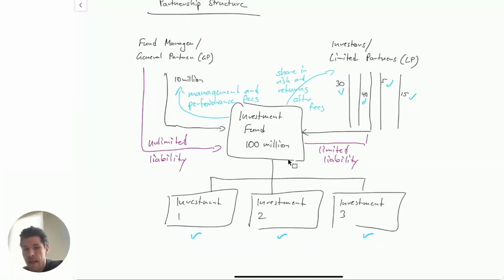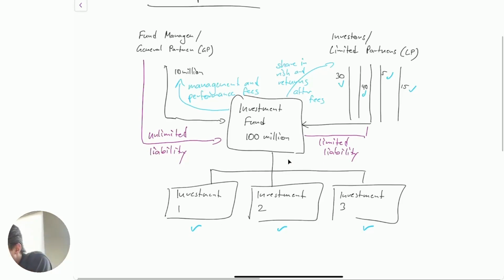Yeah, and as we said, they have limited liability. Here, whatever the investments provide back is basically your gross return. And then whatever after the fees, those returns are basically the net returns.